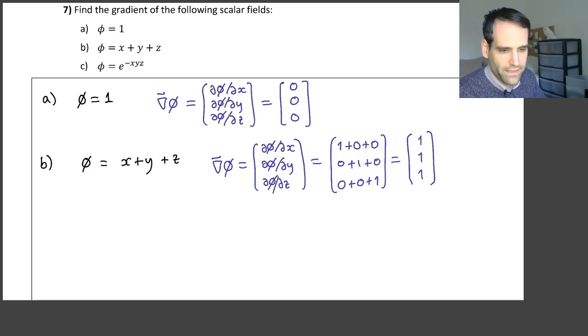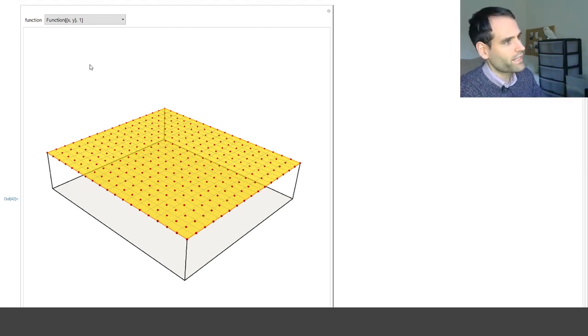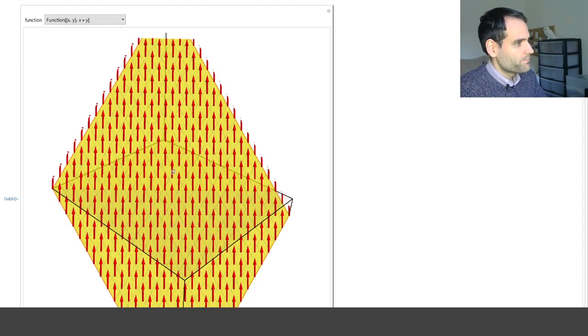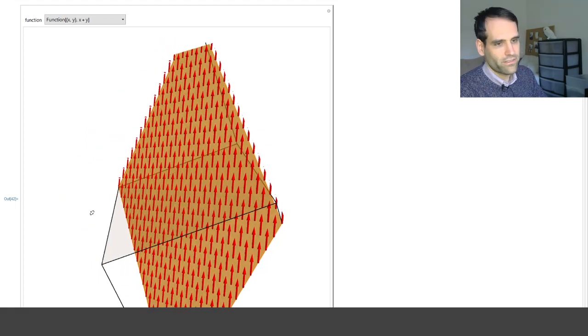So it is a vector field that is constant everywhere. So let's have a look at that in our applet. If I change the function to x plus y, here we are in 2 dimensions, so I cannot do x plus y plus z. I'm only doing a 2-dimensional scalar function, x plus y. So this corresponds to a flat plane in 3 dimensions, okay?